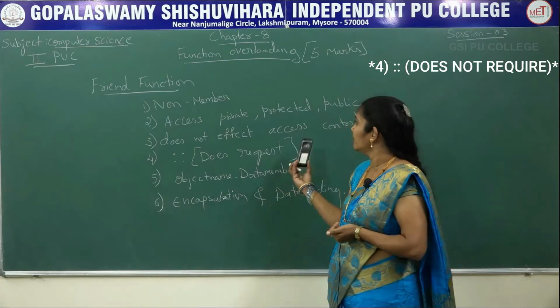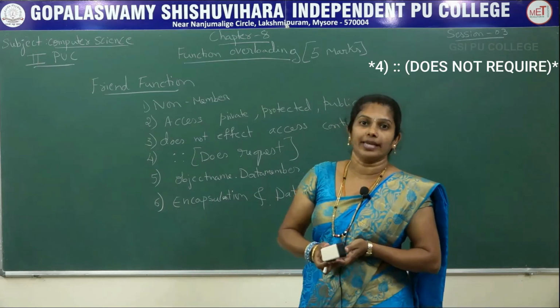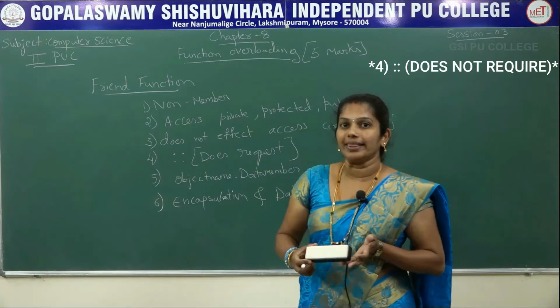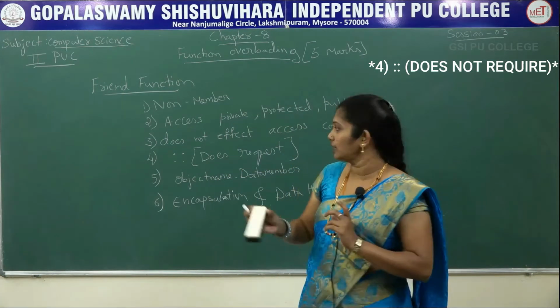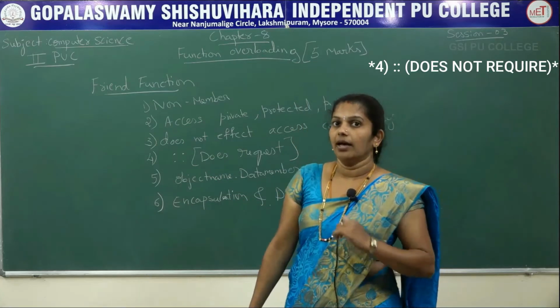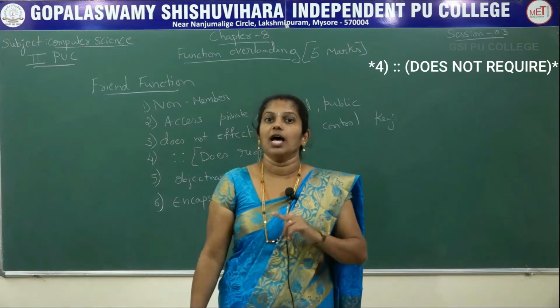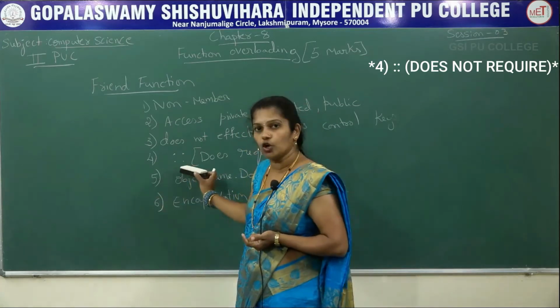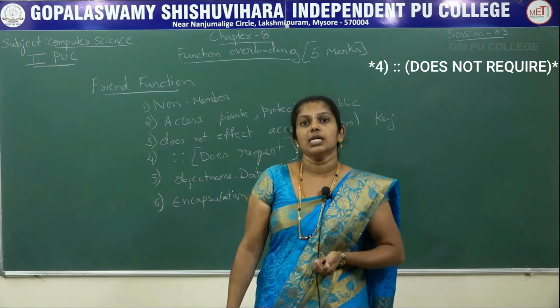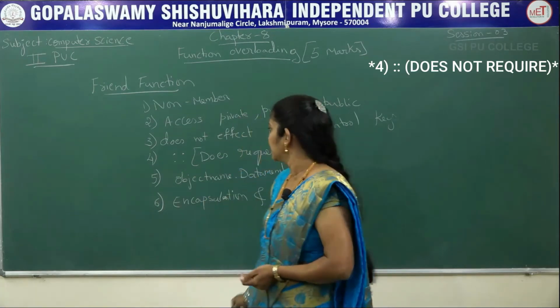It is not affected by any access control keys. To define this function outside the class, we do not require any scope resolution operator. If I want to define a member function outside the class, then we require the scope resolution operator, whereas in a friend function we do not require it.